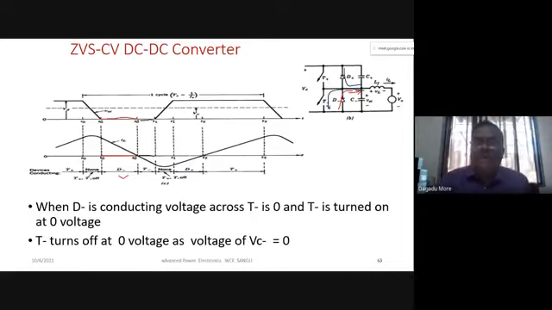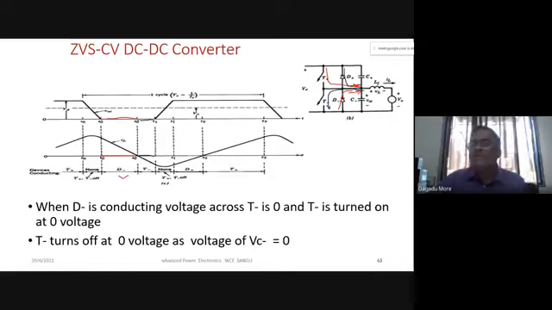And when the voltage is positive and the current is positive, T plus will conduct.